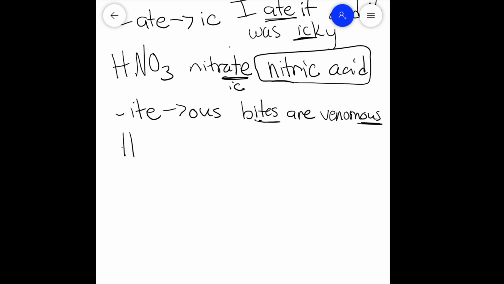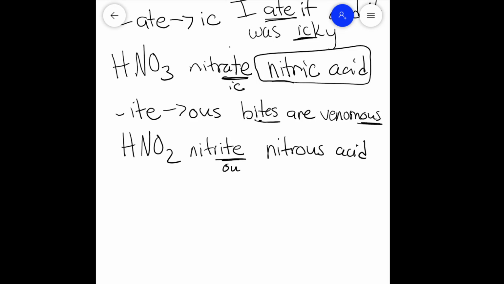So an example of that, like NO2. So NO2 is nitrite. So again, you don't name the hydrogen. This just becomes nitrous acid. It becomes ous. So those are the ternary acids.